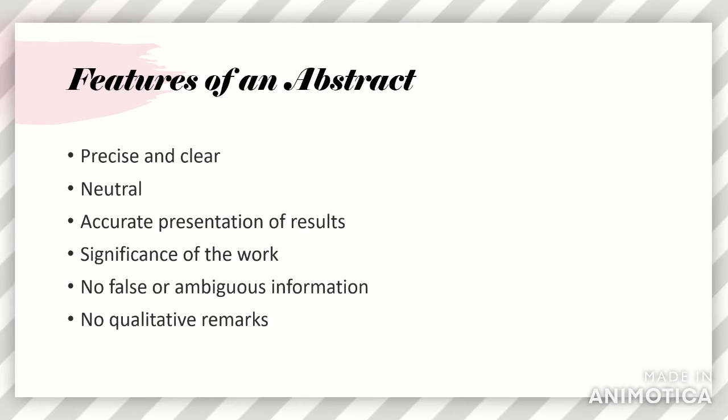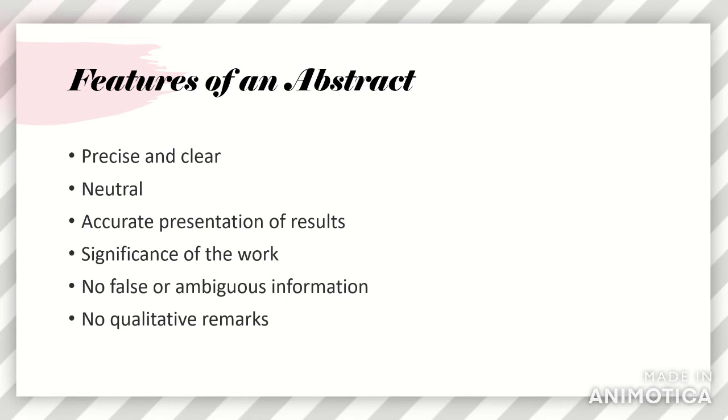Now, how to write a good abstract? It must be very precise and clear in presenting its information. The abstract needs to be very much neutral, unbiased. And accurate presentation of result is very important. You cannot write something vague or manipulate your result here.